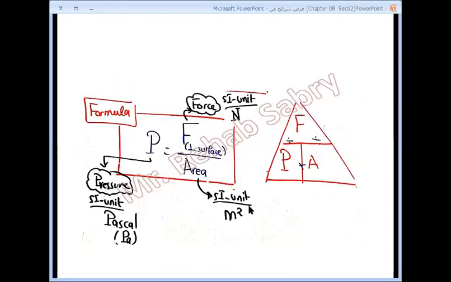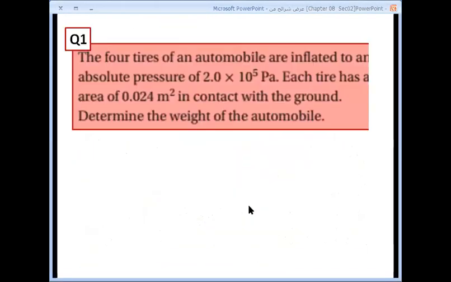Now let's go to the next slide. This is a numerical example to solve on this formula. The four tires of an automobile are inflated to an absolute pressure of 2 times 10.5 Pa.